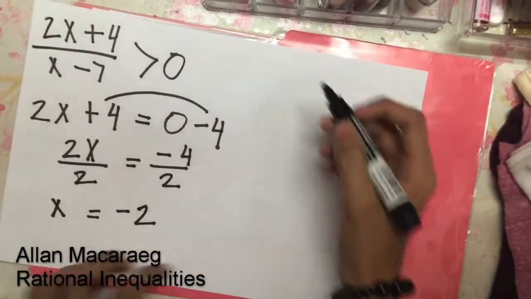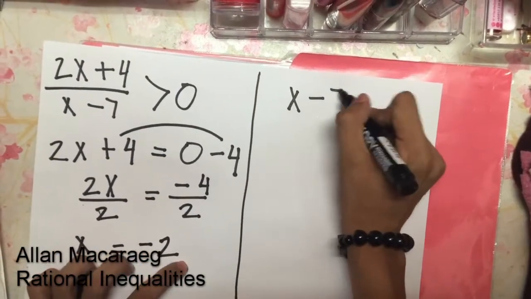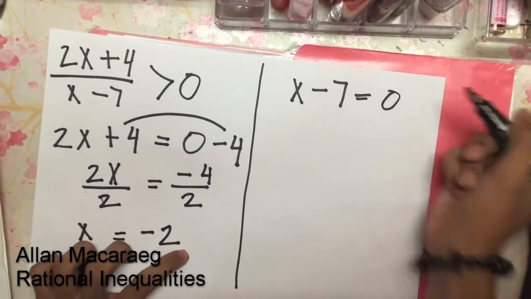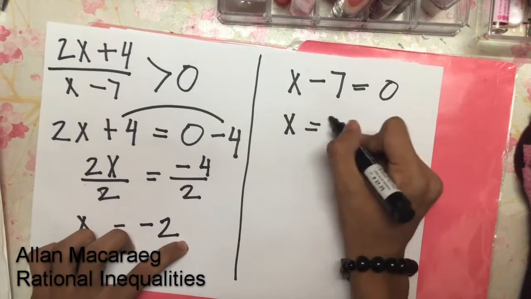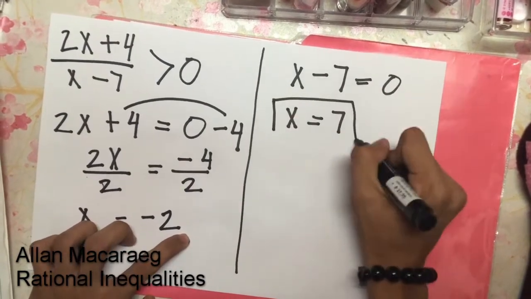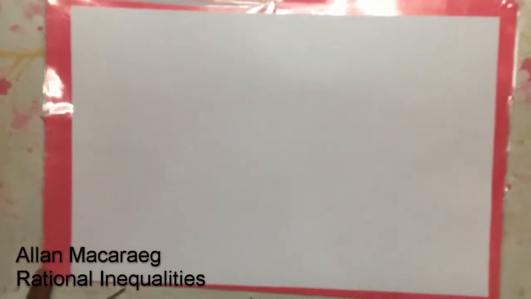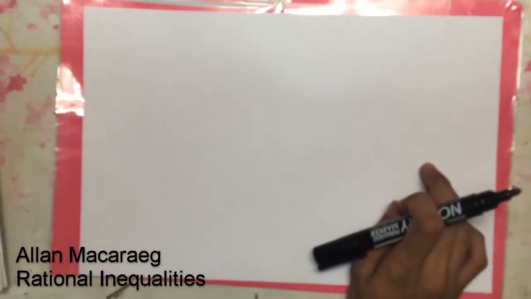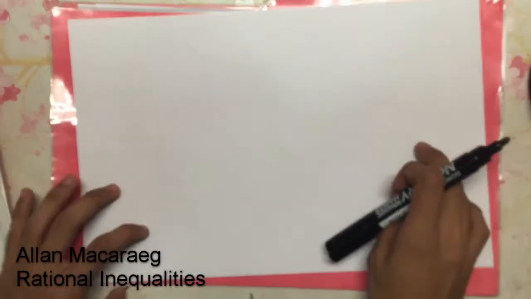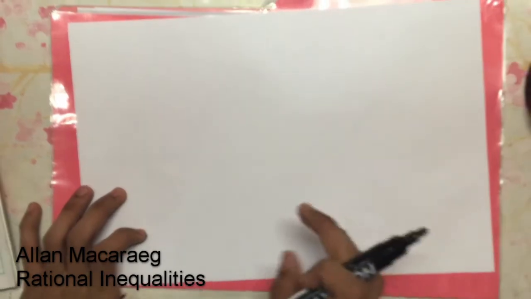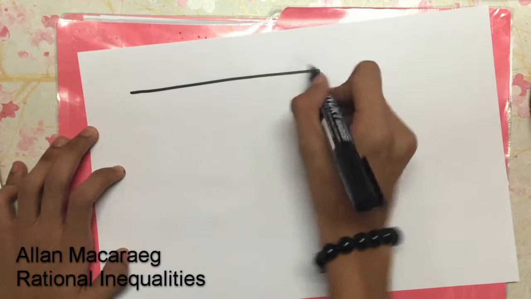And the denominator, let's compute for the denominator. x minus 7 is equal to 0. Let's transpose. x will be equivalent to 7. The next step, to prove that the number is correct, we must use a number line to determine if it is positive or greater than 0. So this is how to use a number line.